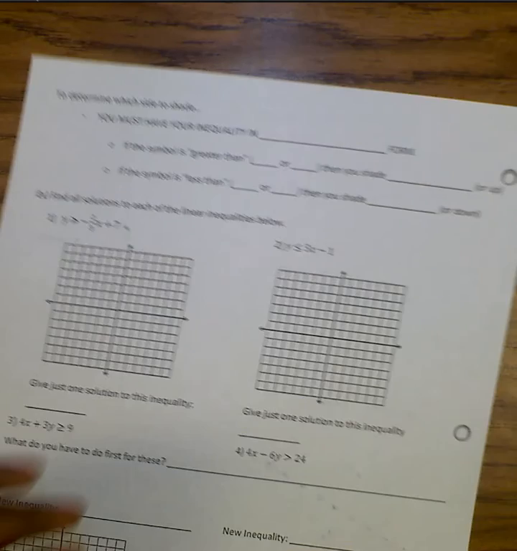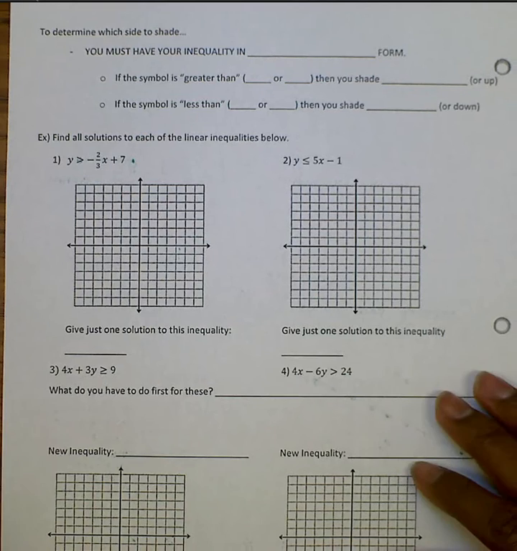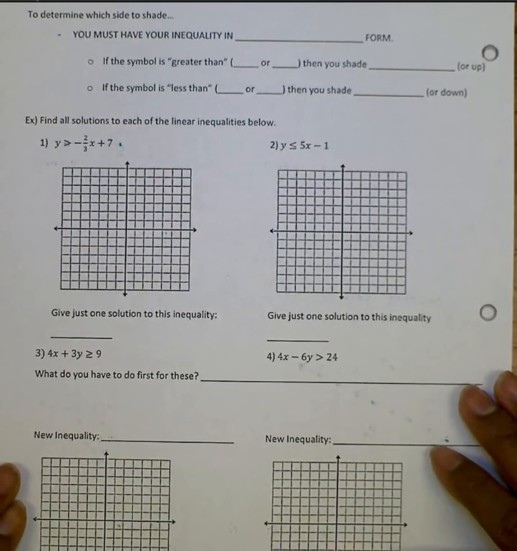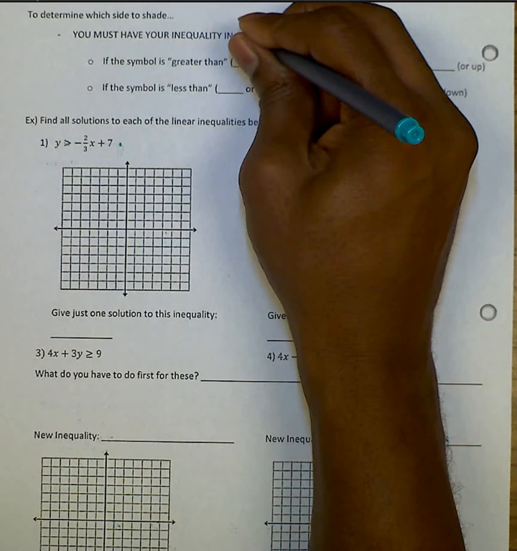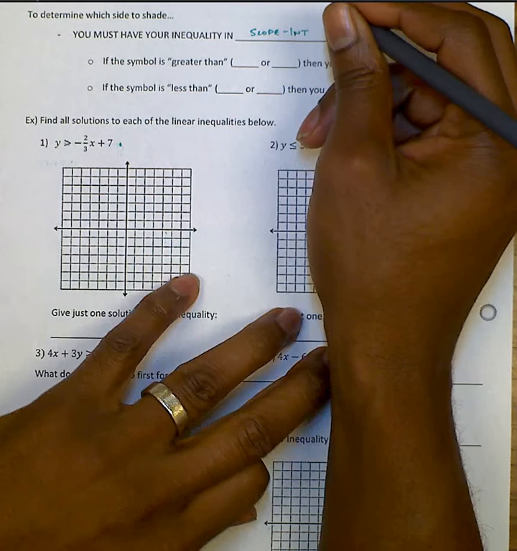Let's do some more on the back. To determine which side to shade, you must have your inequality in slope-intercept form. Make sure you have your inequality in slope-intercept form. Remember that's y equals mx plus b.